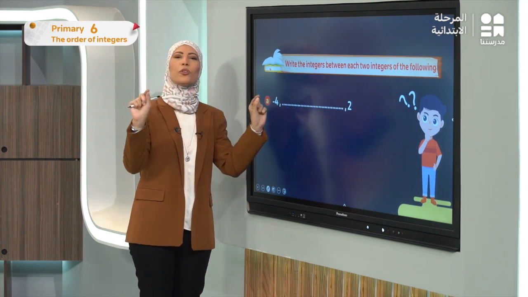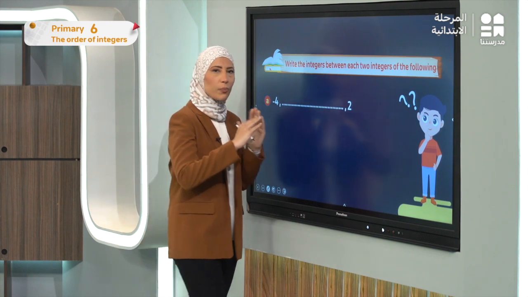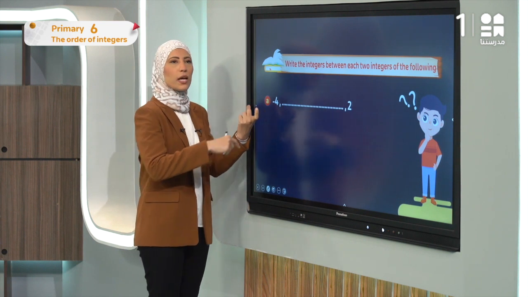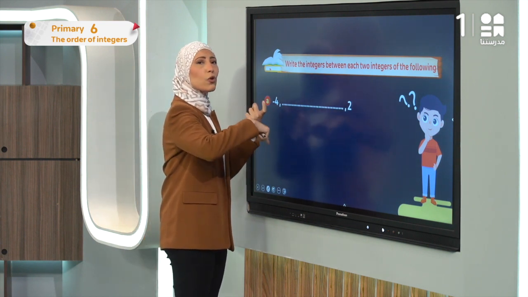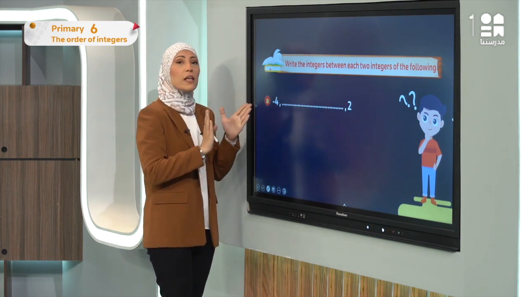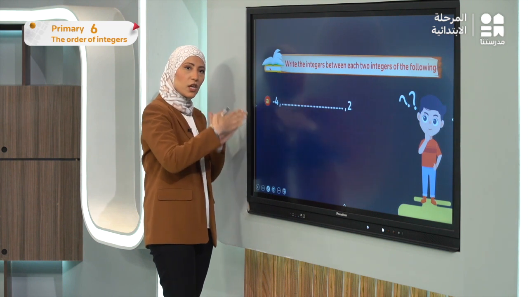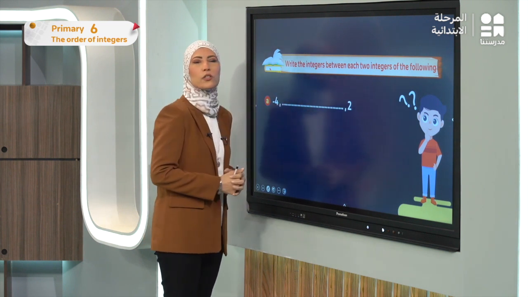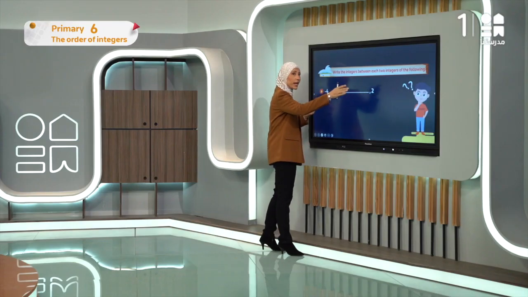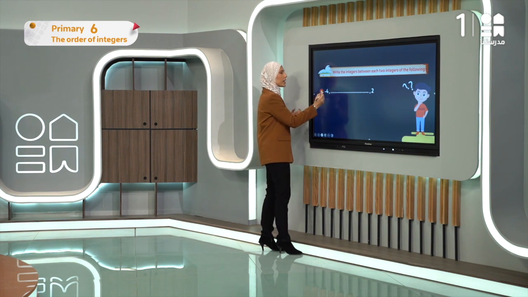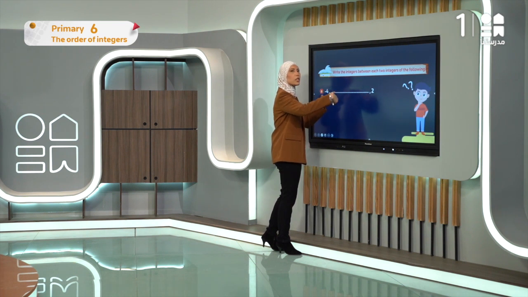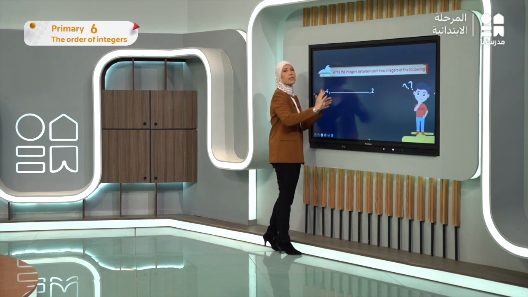Imagine or draw in front of you the set of integers: the positive, the negative, and the zero. Here you have negative 4, and negative 2. You are moving in the direction of 2, which is positive. So you are on the negative side moving to the positive direction, so you need to move to the right side. Then negative 2 is supposed to be what? Negative 3, negative 2, negative 1, 0, 1 and 2, it's already written.